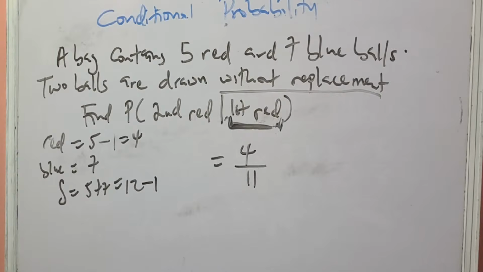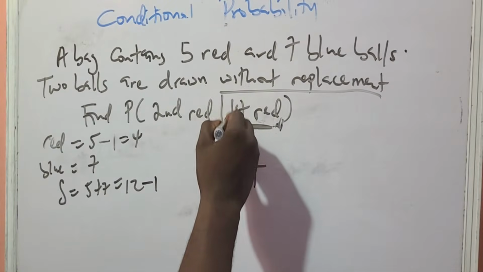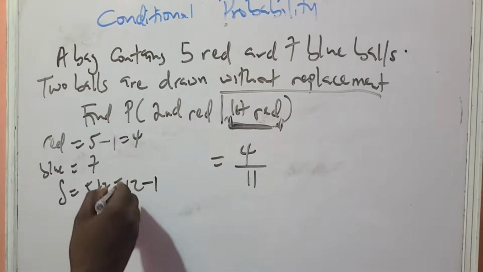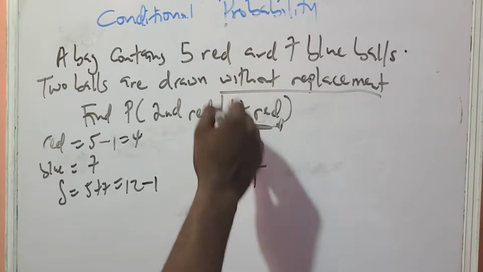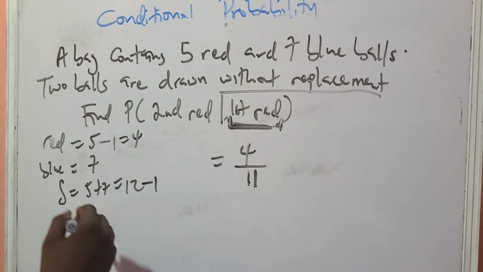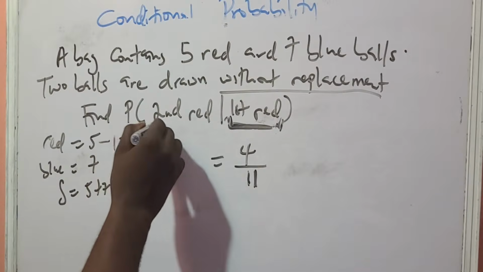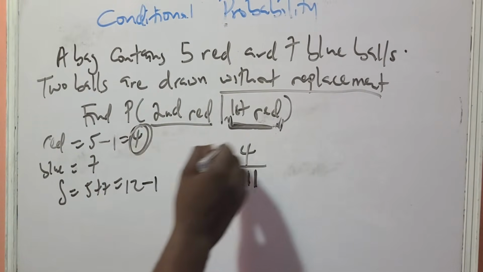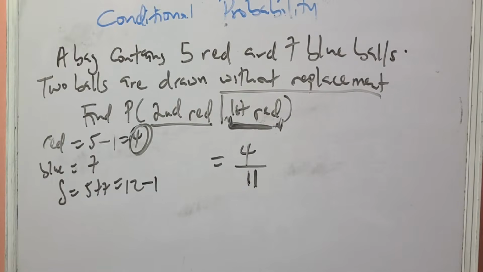So in this case, given that the first was red, your sample space after you have picked the first as red is 11. And you are left with the event space for the second being red, only 4 left. That's 4/11.